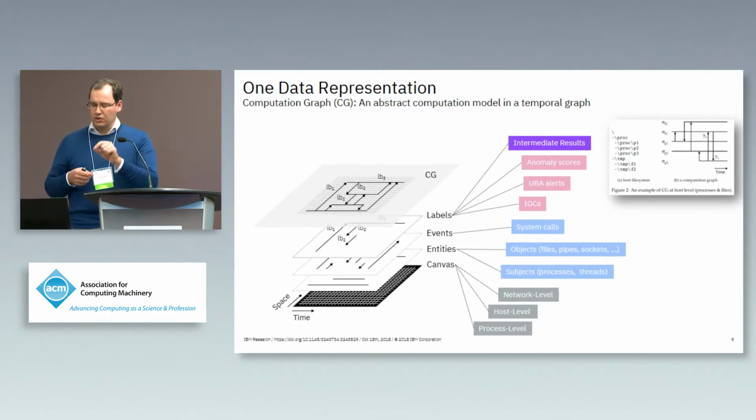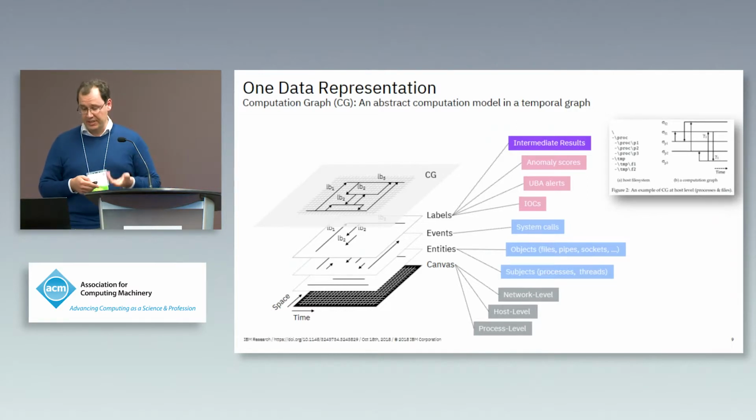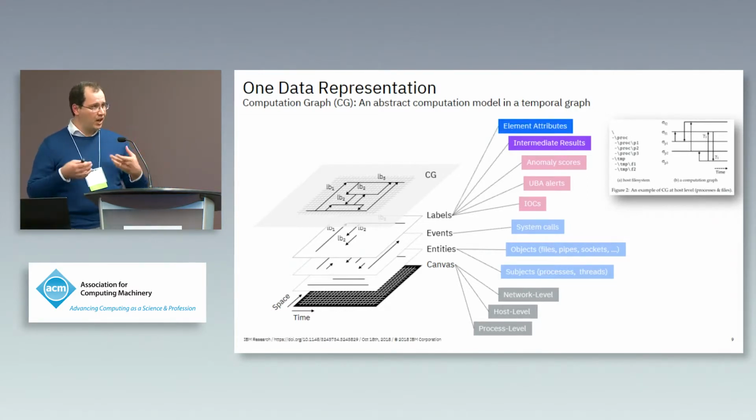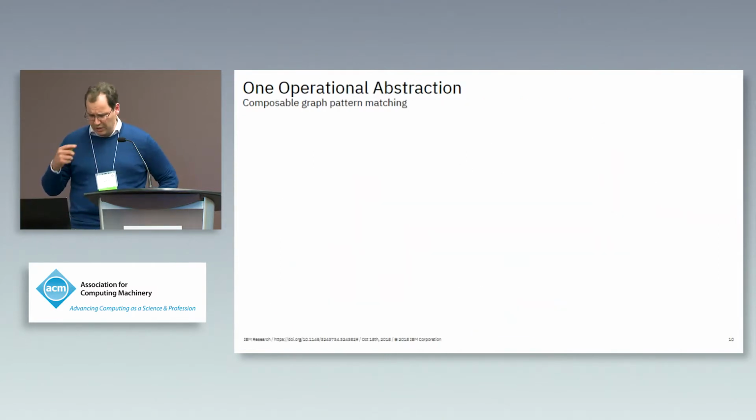So the ability to label intermediate steps of computation is also important because it can inform the second and the subsequent steps of that reasoning procedure. And finally, of course, you have element attributes, which are also modeled as labels in this graph computational platform, which allows us to define attributes of your entities and events, things like processes, command lines, IPs, and so on.